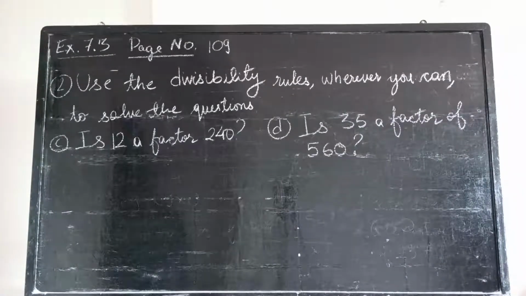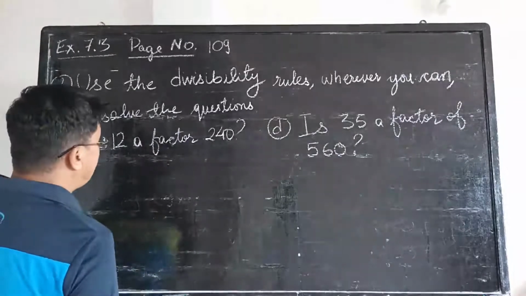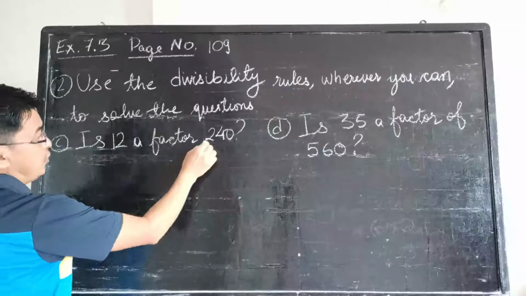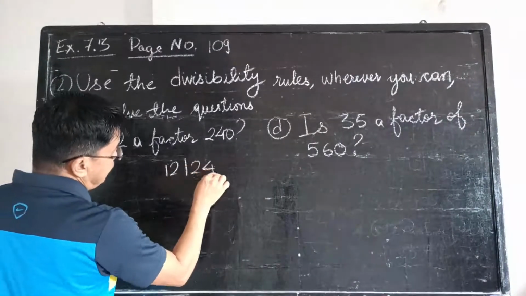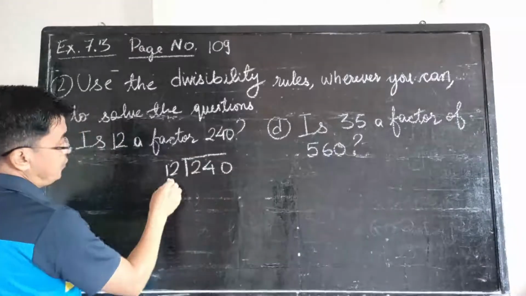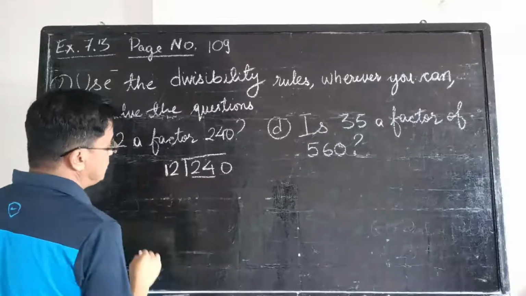Now C. Is 12 a factor of 240? Now we'll find out by dividing 240 by 12. 12 divide 240. Now we take 2 digits here.